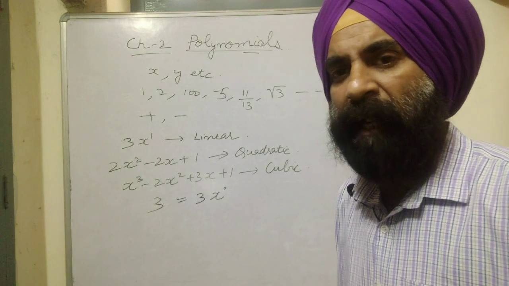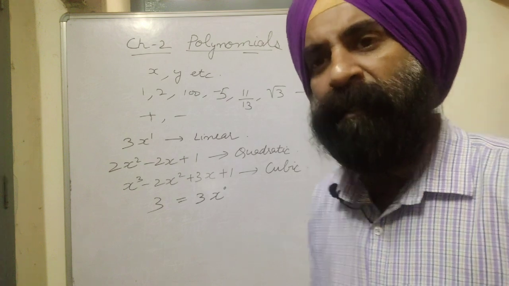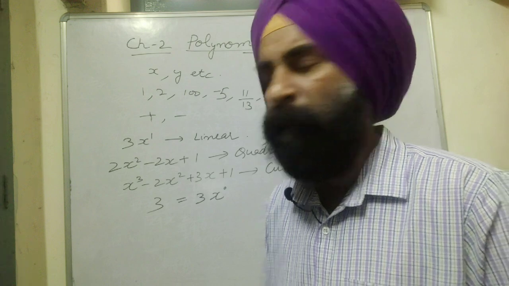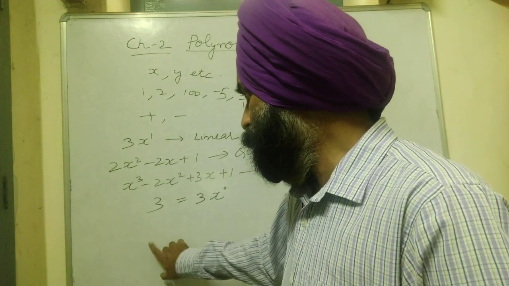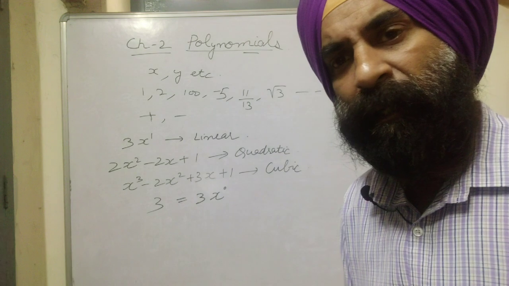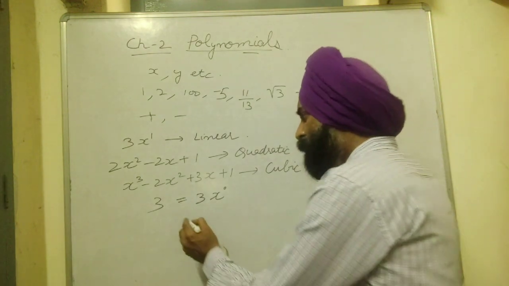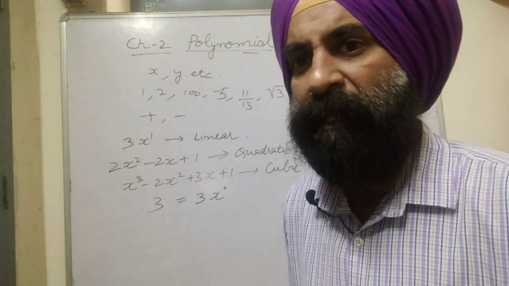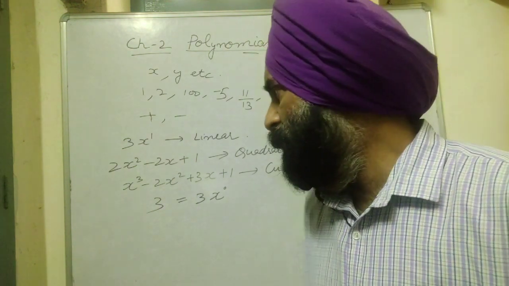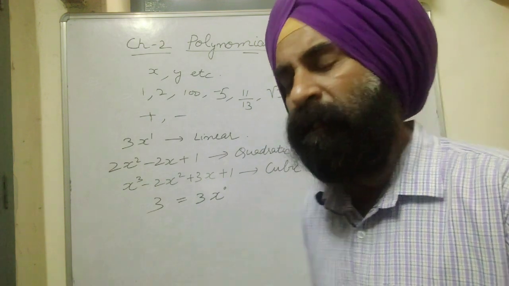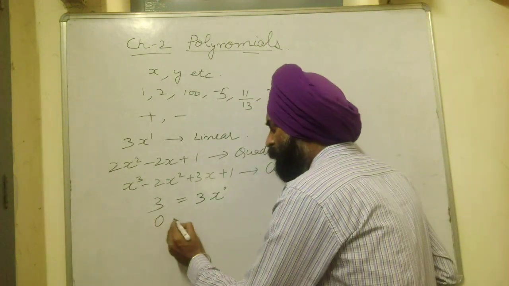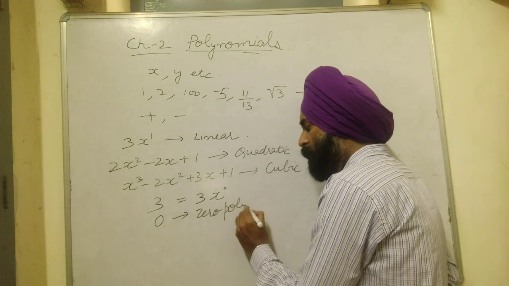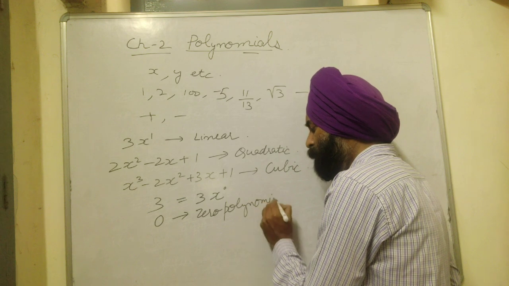but there is a condition that 0 is not considered a constant polynomial, because it is kept away from this category. If I write 0 here and 0 multiplied by something is again 0, so it is not considered a constant polynomial. 0 itself is called a zero polynomial.